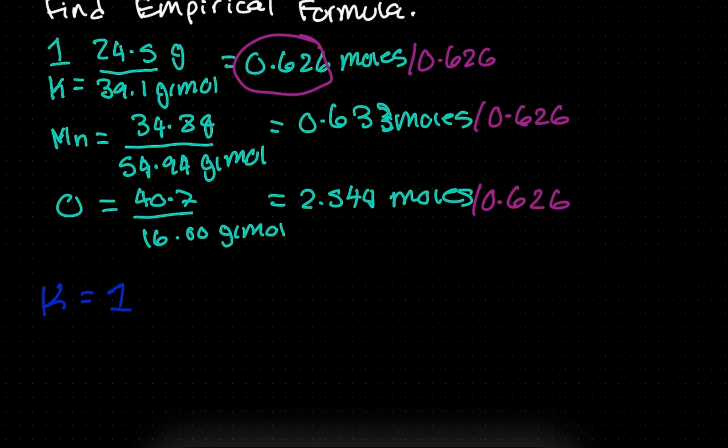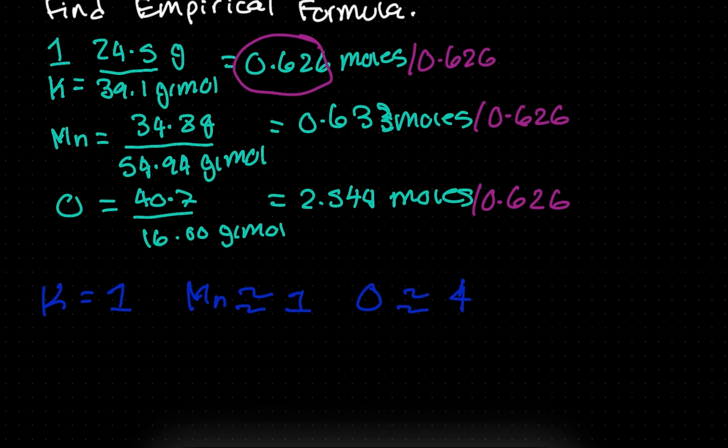For manganese, we would have approximately 1. If it's pretty close, you just round to 1. And for oxygen, you would have about 4.